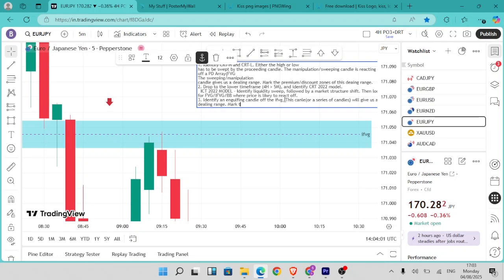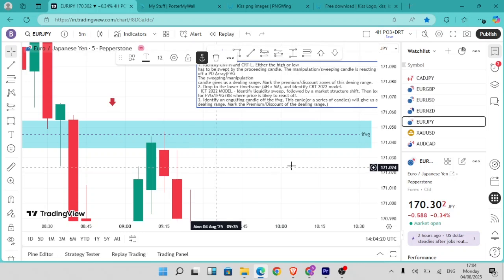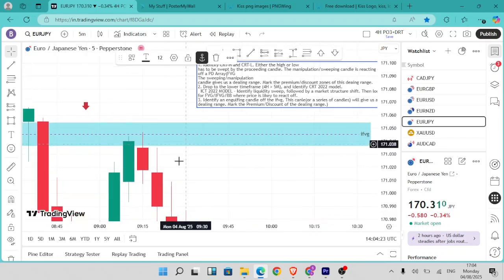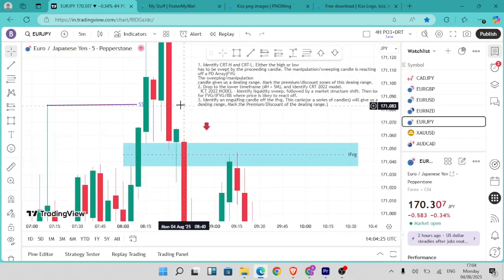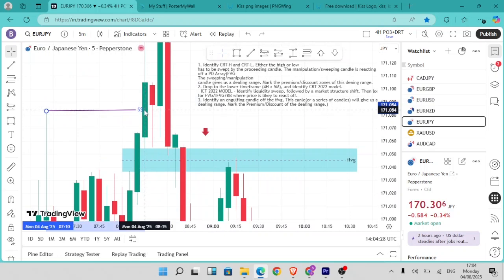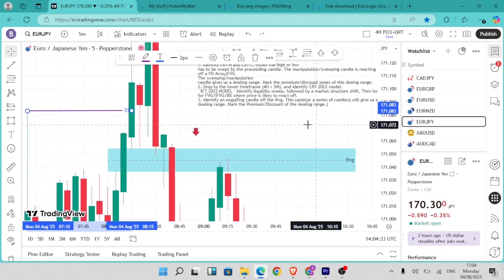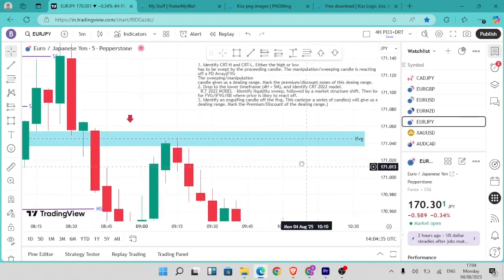We mark the premium and discount of this dealing range. In our case we will be marking the premium of a dealing range, because we are anticipating sales. Remember, if you are using DRT or dealing range theories, you only sell in premium and buy in discount.